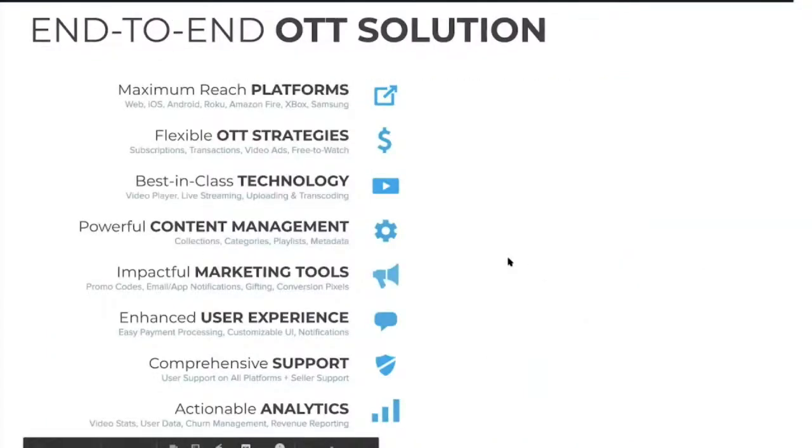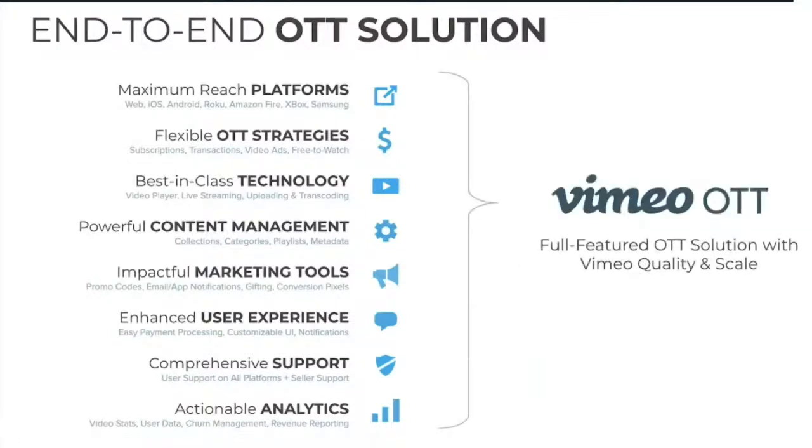Now, this is a visual of all of the components that we're providing as a solution. Think of it as Vimeo OTT in a box. Most companies out there may position themselves as being this complete solution, but you'll soon realize, for maybe somebody more technically savvy, they're dependent on integration points.